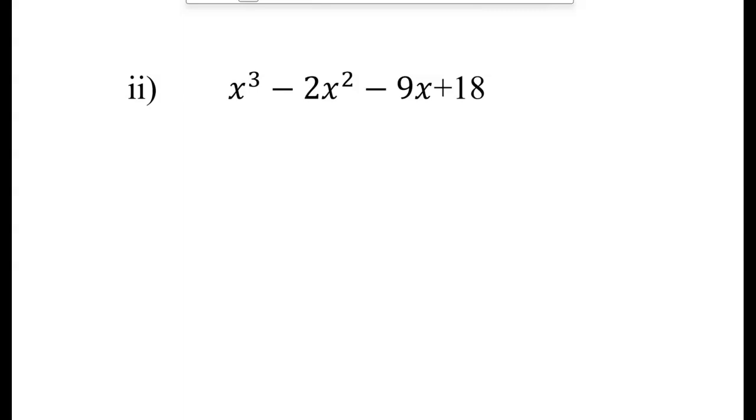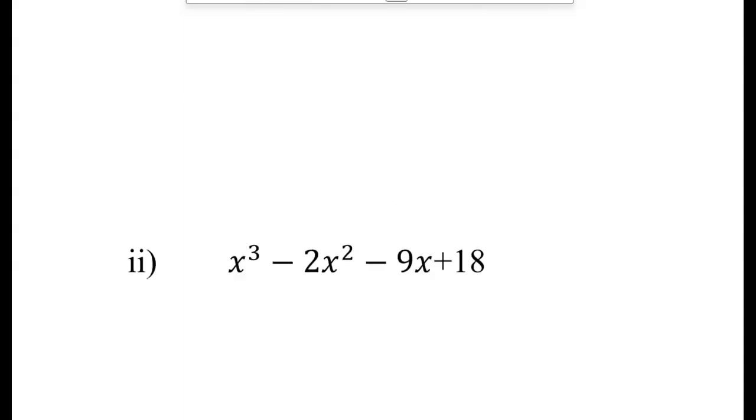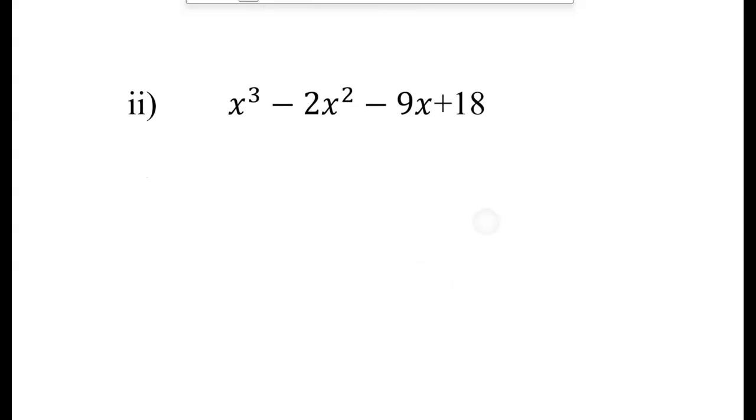First of all, is there a greatest common factor? No. So, how many terms do you look at first? First 2. Is there a greatest common factor out of the first 2? X squared. So we take out an x squared, and what do we get left?